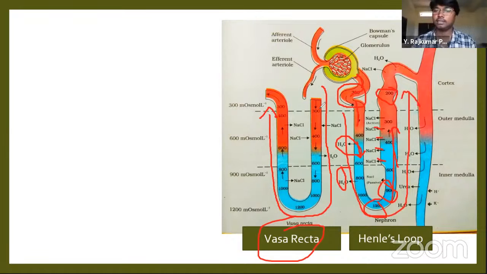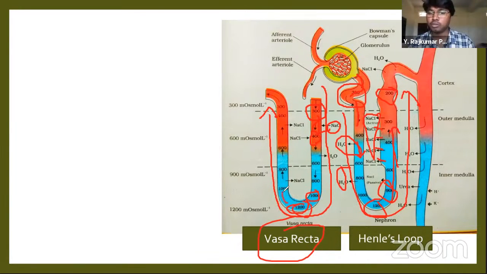So the concentration in the blood vessel also gets increased, like 300 to 1200 osmolarity as it is moving to the medullary region. Okay, why is it increased? Because whatever the NaCl removed by the ascending loop of Henle is entering the vasa recta. For this reason, since the solutes are added to the blood, the concentration of the blood is getting increased.